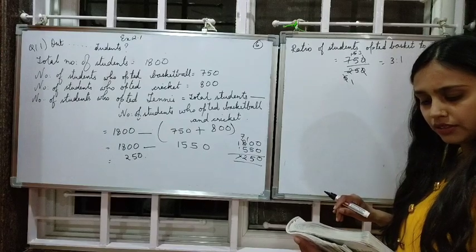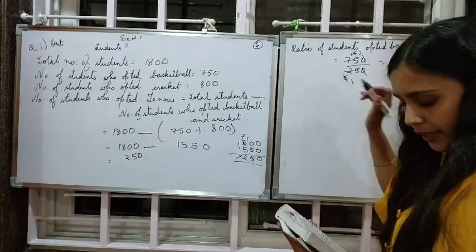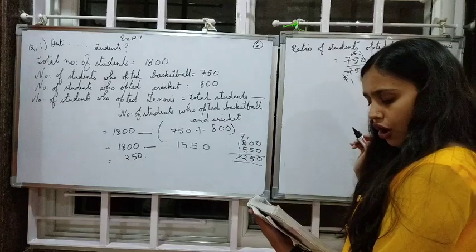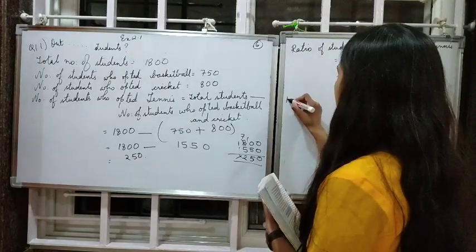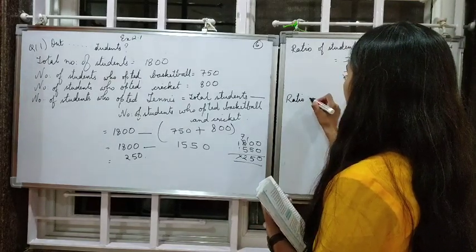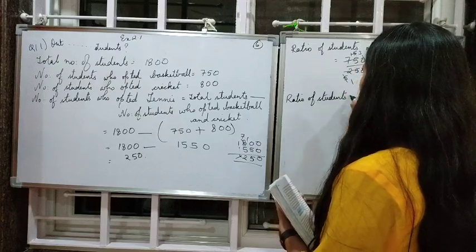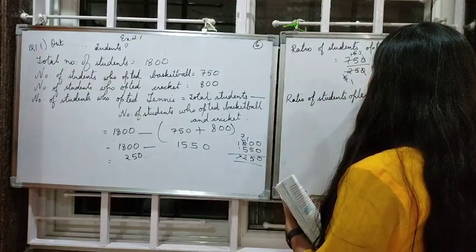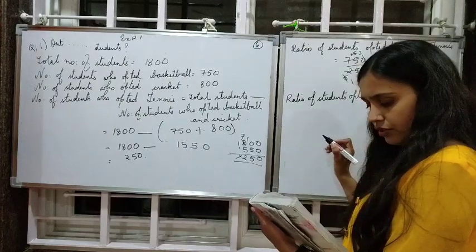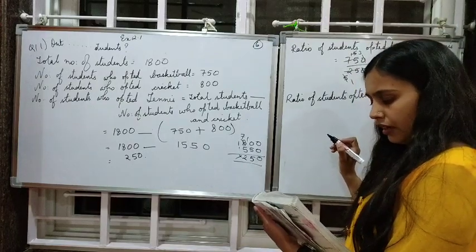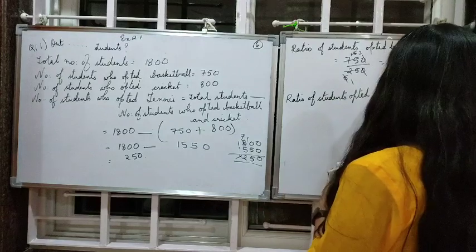So this gives A. Now we have to find B. Ratio of students who opted for cricket to basketball.